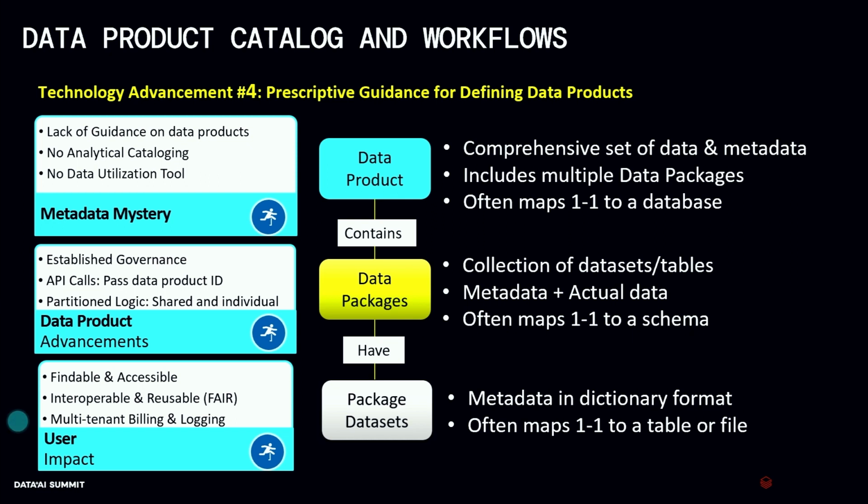So for us, a data product means that it's a database or a data source, and then those data sources can have multiple data sets or tables in a schema, and then they can map to an individual data set, and they're packaged in a way that is meaningful to our users.